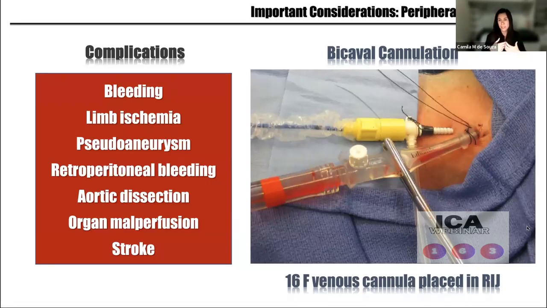Alternatively, the central line can be moved to the left side. We should never use the left side for the venous cannulation because the trajectory towards the right atrium coming from the left is more tortuous, and there's higher risk for vascular injuries in this situation.